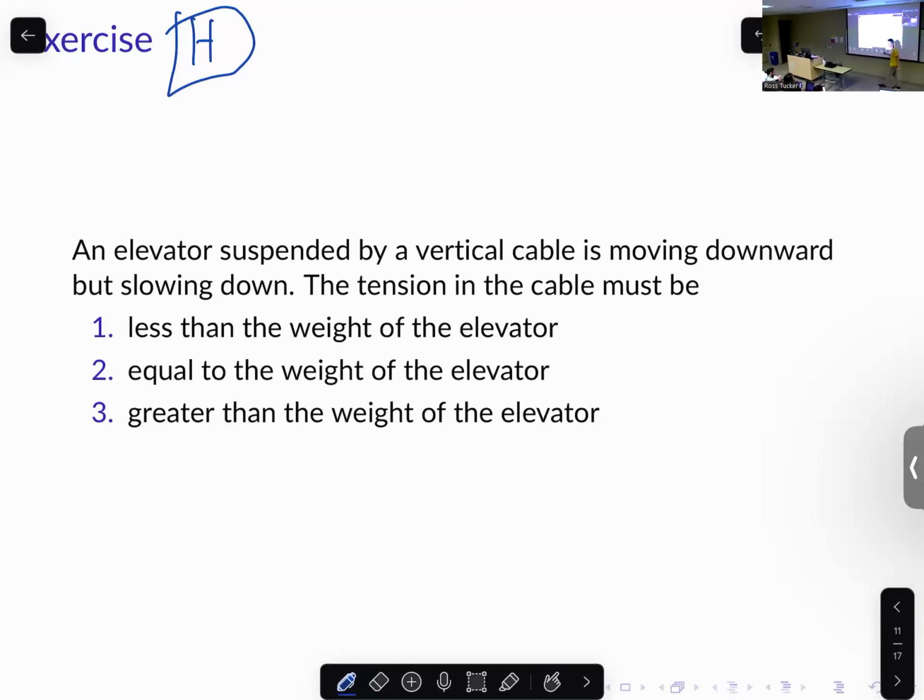Which force must be bigger then? The upward force or the downward force? If acceleration is upward, net force is, that's one of the big laws I said, the direction of the total had better match the direction of the acceleration. So which one wins? The one pointing up. The only force upward on the elevator is its tension force.